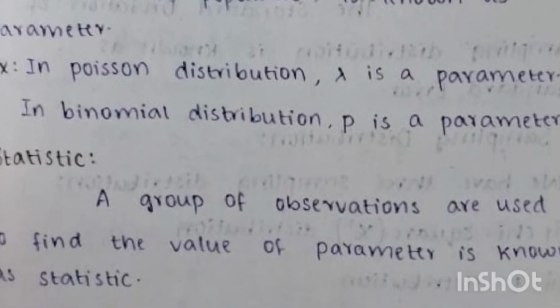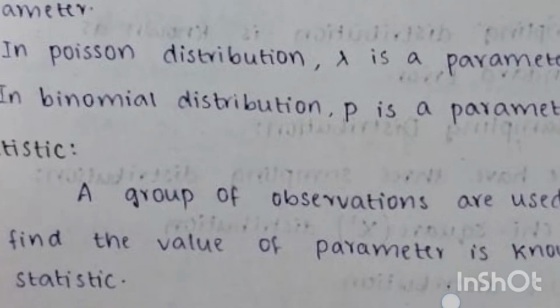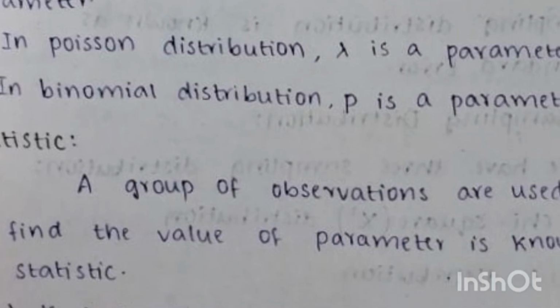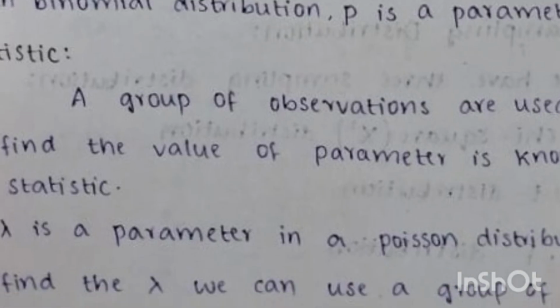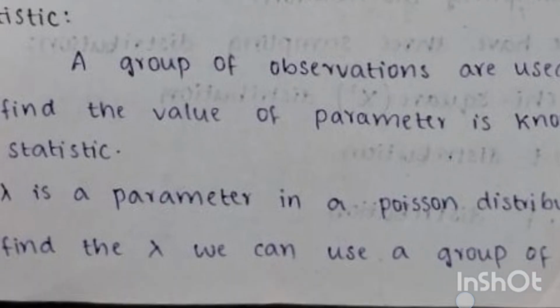Next, the statistic. A group of observations used to find the value of the parameter is known as a statistic. So what is the statistic in a binomial distribution or a Poisson distribution? Let x1, x2, x3 up to xn be the n observations drawn from the population, or we can say they are observations of the binomial distribution.